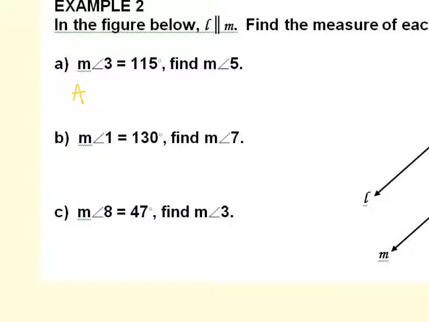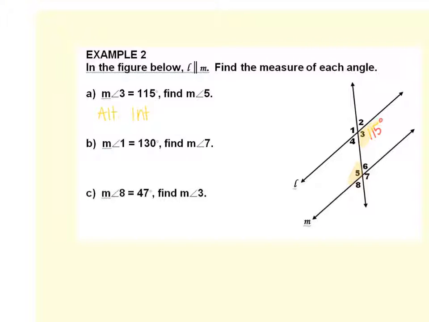So these are alternate interior because they're both on the inside of those parallel lines. Now we know that unless they are same side, they are congruent. So this one is also going to be 115 degrees.